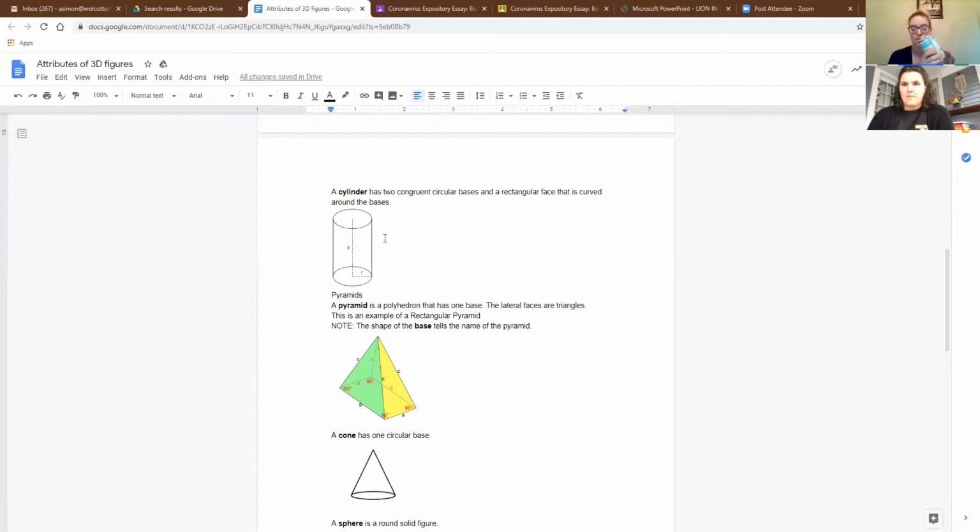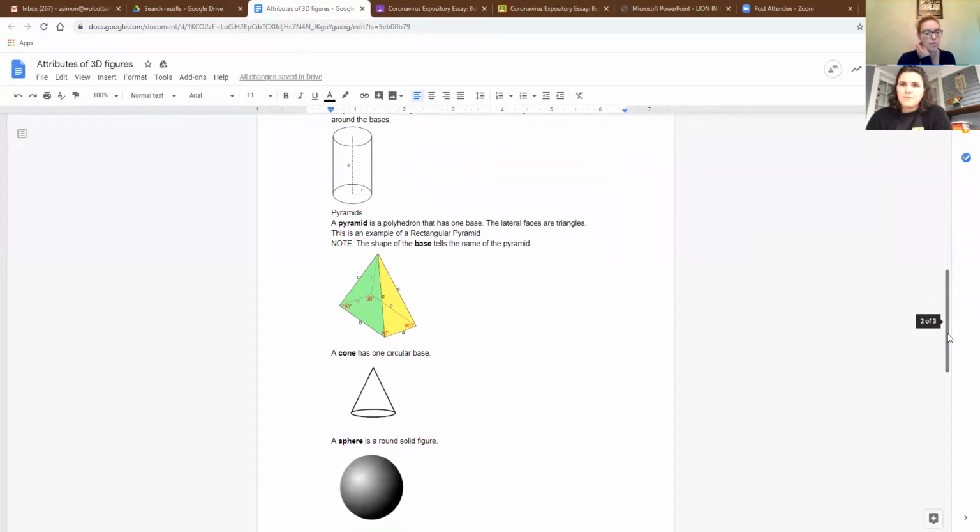It also doesn't have the attributes of a polyhedron. There are no vertices and no edges, because there are no straight lines and no intersections. So you can't use vertices or edges when describing a cylinder. It has faces, but not the other attributes.